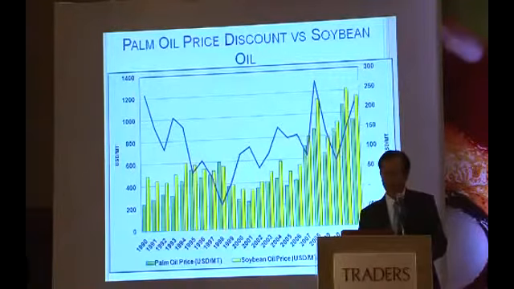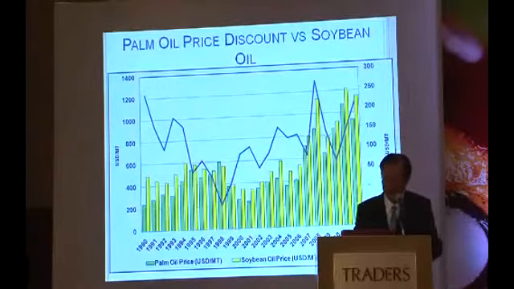And the price discount to soybean, already also mentioned, is interesting because it makes buying palm oil much simpler, influenced by its relatively cheaper price, reflected by the discount to soya.